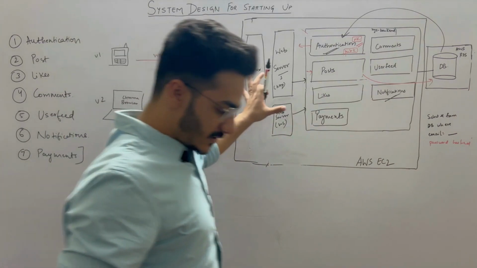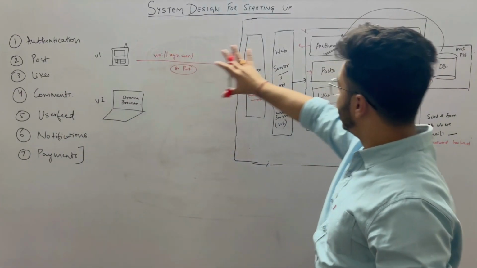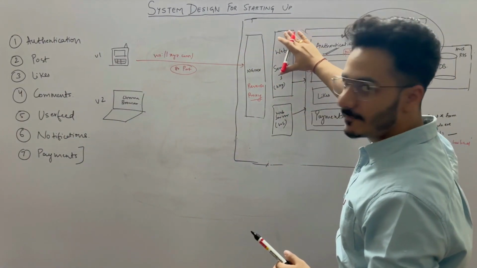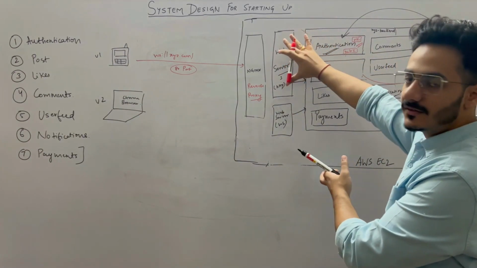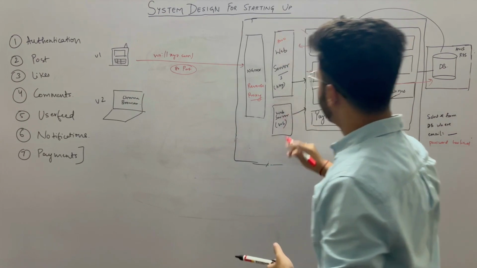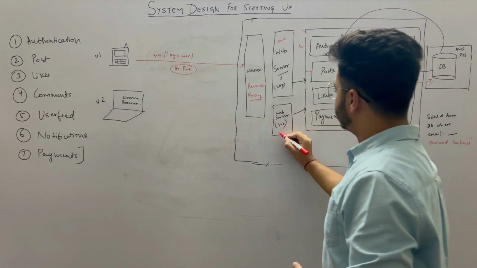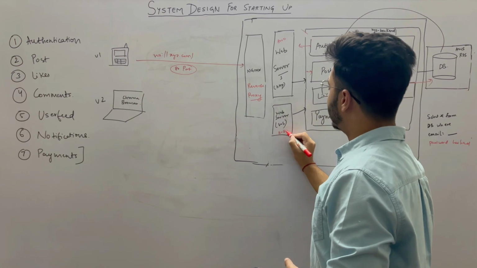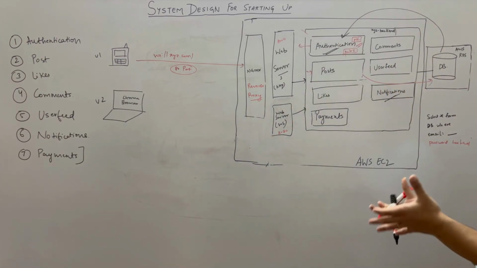So what it will do is, the user will hit this Nginx, and suppose let's say you have bound this web server to listen on port 8000, and this web server to port 8080. Okay, I'm just taking an example.